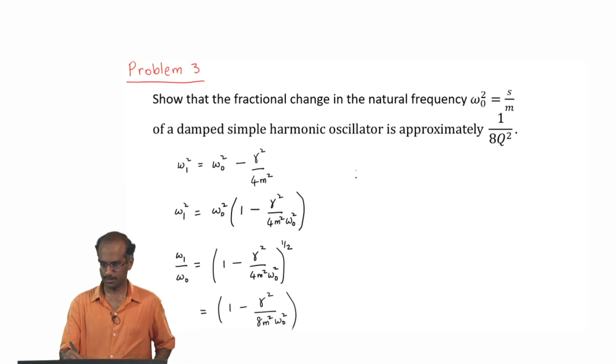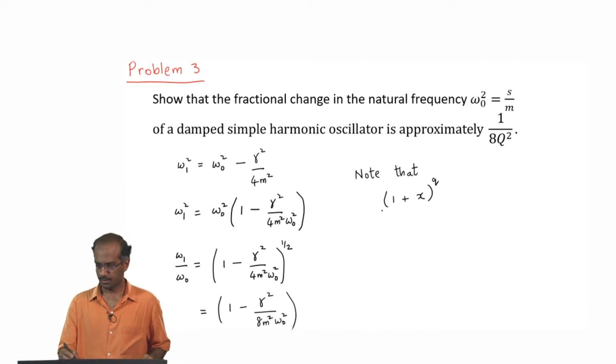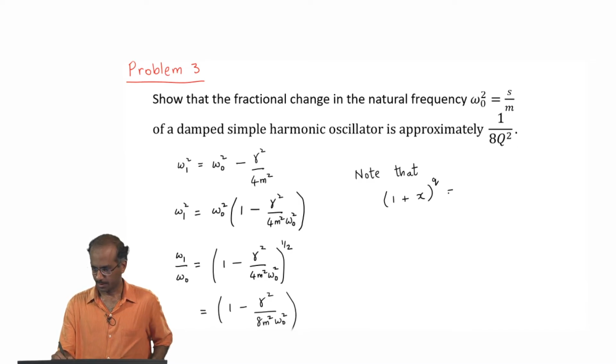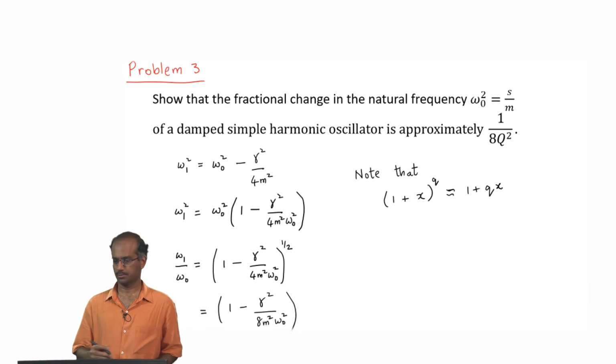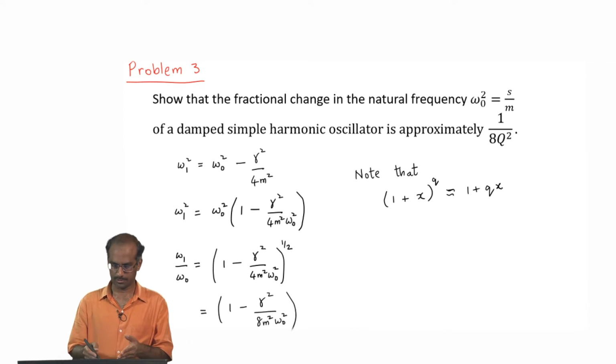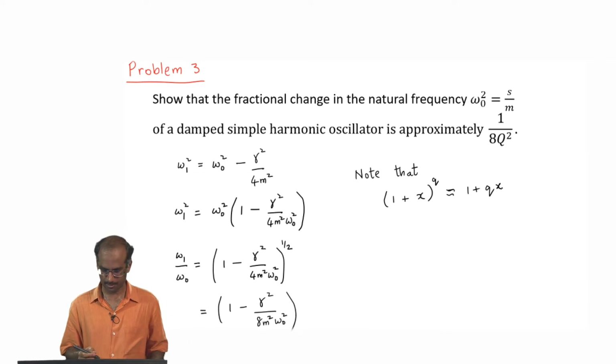Note that if x is small, for a function like this, the binomial approximation means 1 plus x to the power n is approximately 1 plus n x. This is the case when you terminate the binomial approximation at the end of the first term, which is exactly what I have done here.